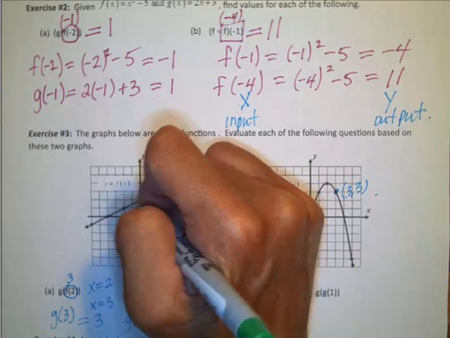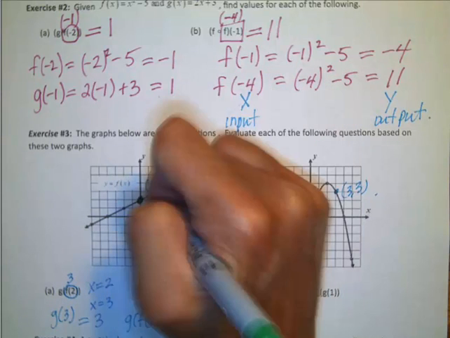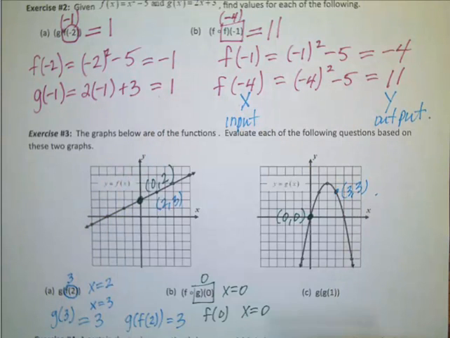So right here, we have 0, 2. So the answer to that is 2. So f of g of 0 equals 2. So your input gives you an output. That output becomes the next input, which gives you a new output.